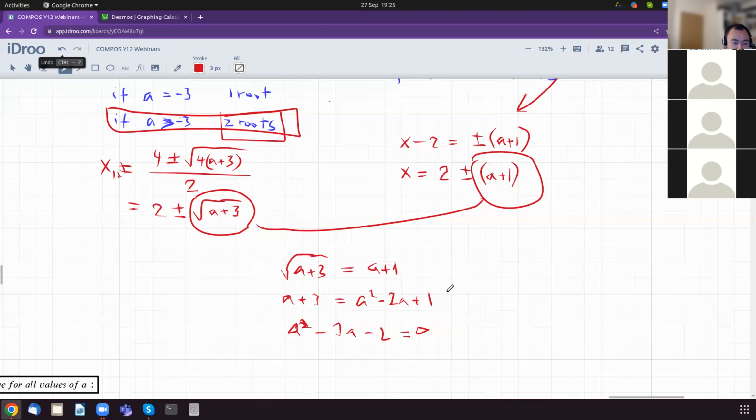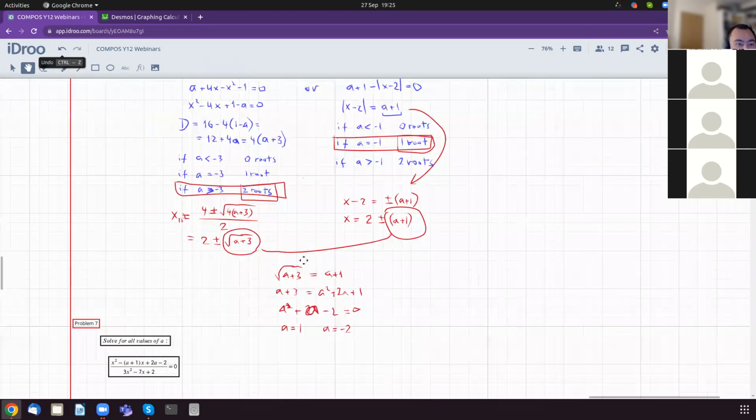Sorry, making mistakes today. So a equals 2 and a equals minus 1, no wait, a equals 1 and a equals minus 2. So a is 1 and a is minus 2. So these are the two that we need to check.